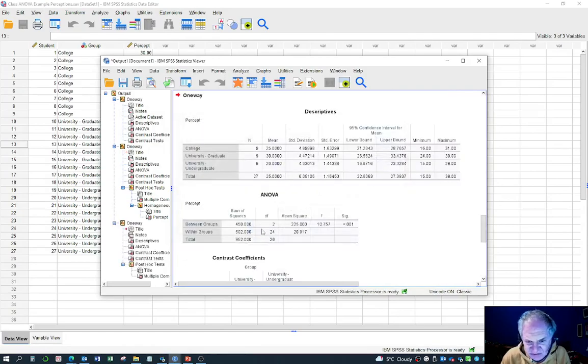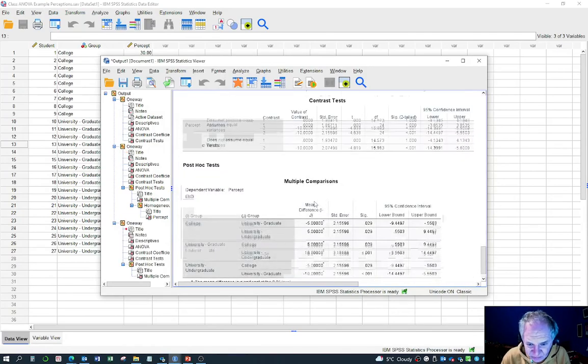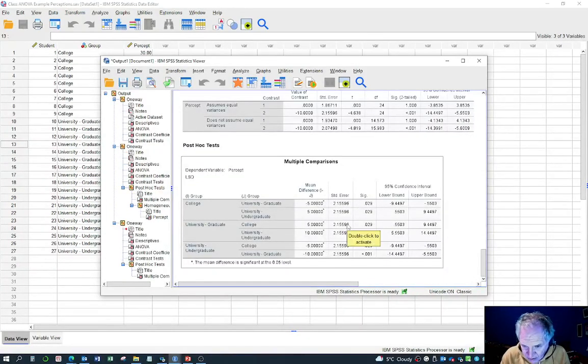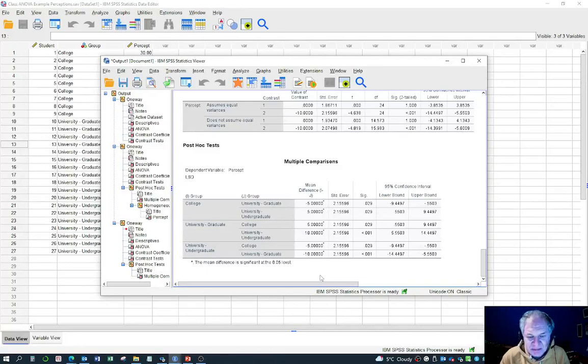But this is just for demonstration purposes. According to this one, the college students differ from the grad students and the college students differ from the undergrad students. Also, the grad students differ from the undergrad students. So what's happening here is when I go to Fisher's test, all three groups differ from each other.